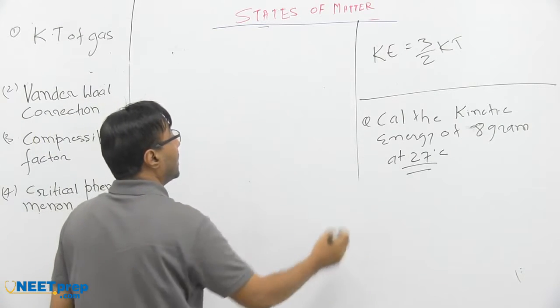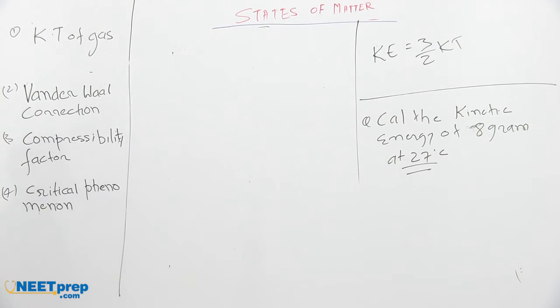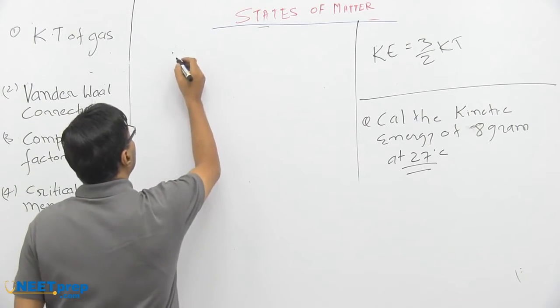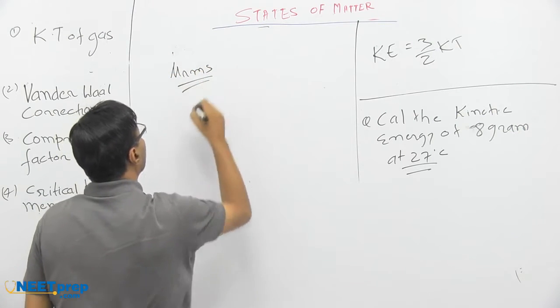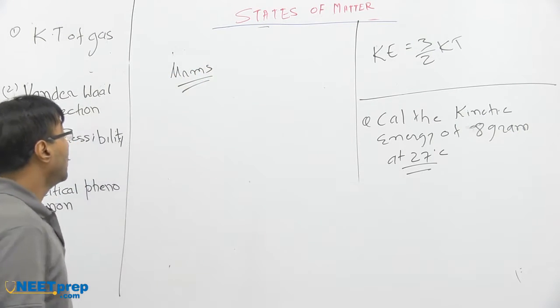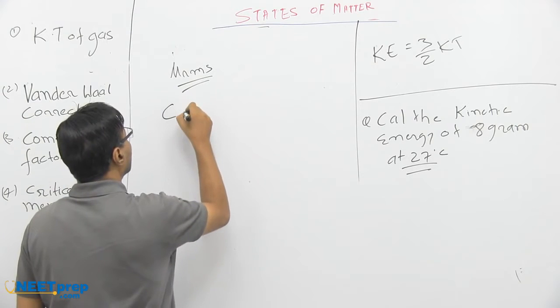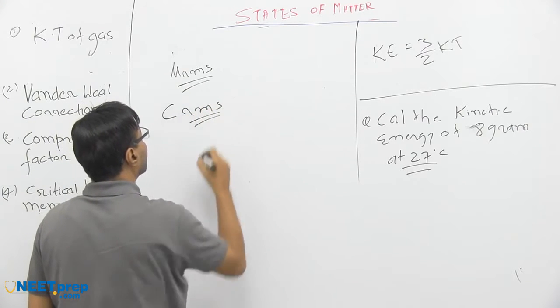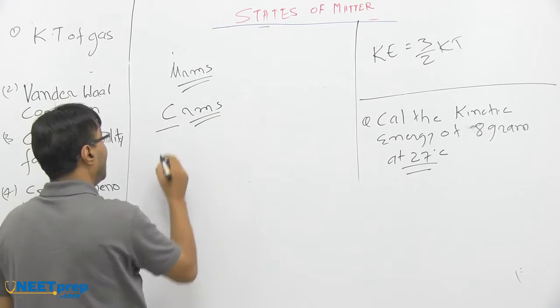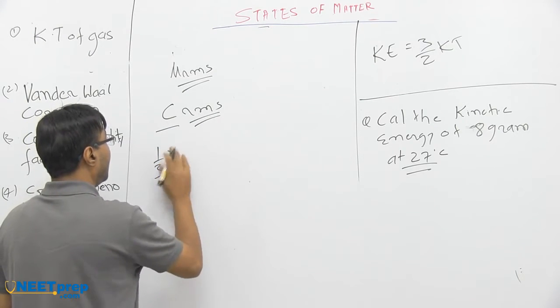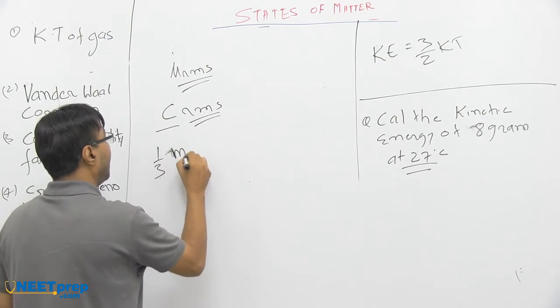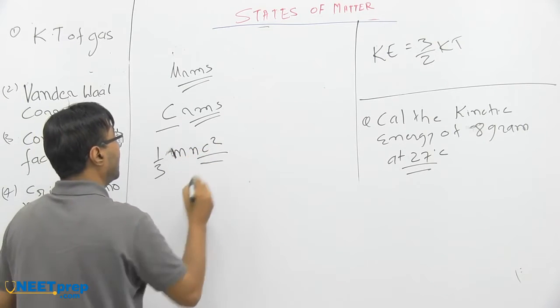We need to find out the kinetic energy of the gas, and for that we need to find out the C RMS velocity. So we can write 1 by 3 small m n c square.